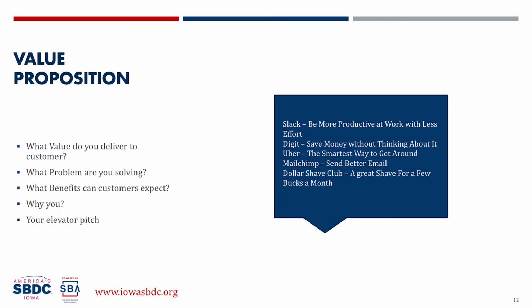So they really kind of refine that down. Digit is a banking tool for individuals. Save money without thinking about it. MailChimp: send better email. How simple is that? But they've figured out who their market is and who they're speaking to.